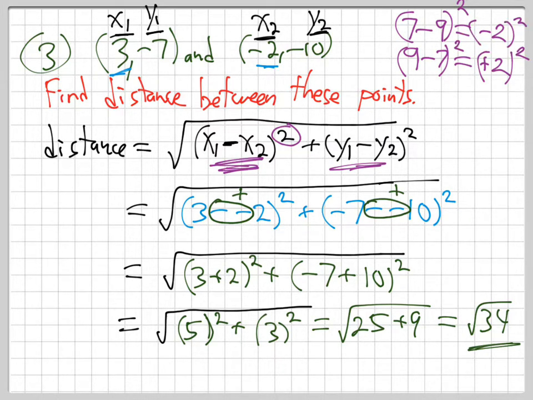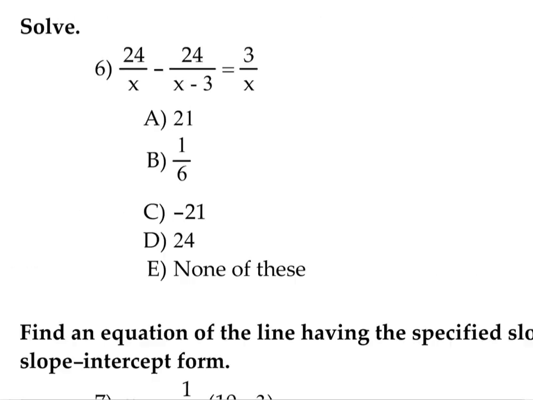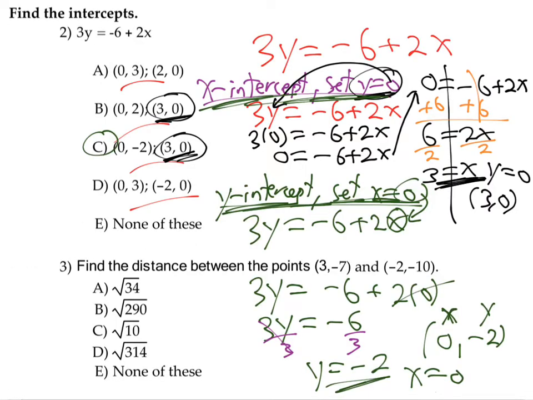The order in this formula doesn't matter because in the end, they're just squared. If you switch the order, it just changes the sign, and the sign doesn't matter because they're all coming out positive anyway. So good question. It doesn't matter on this formula. Some other formulas it does. Go back to the thing. So square root of 34. There it is. Answer A.